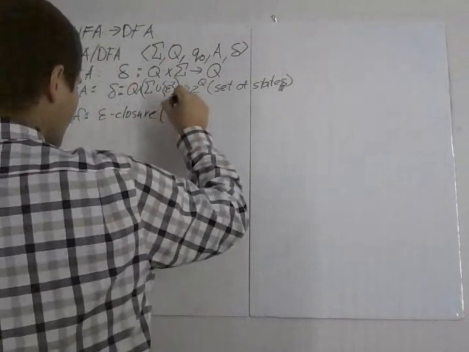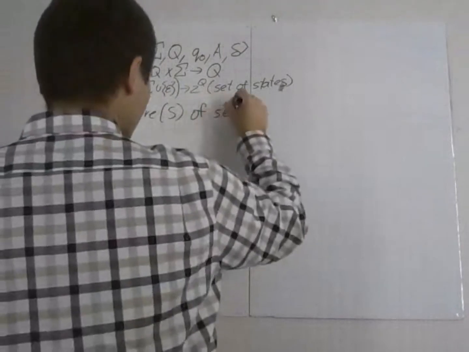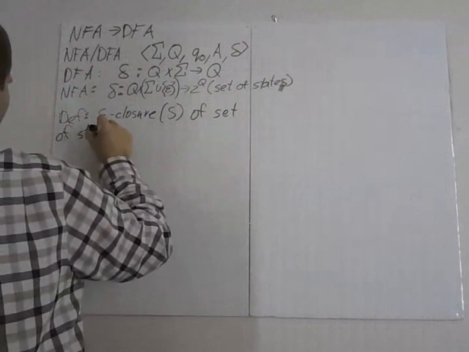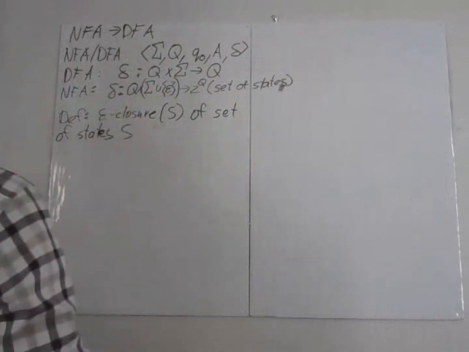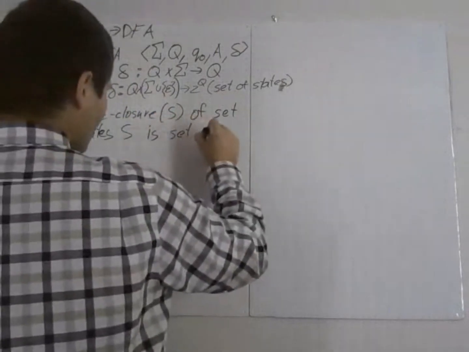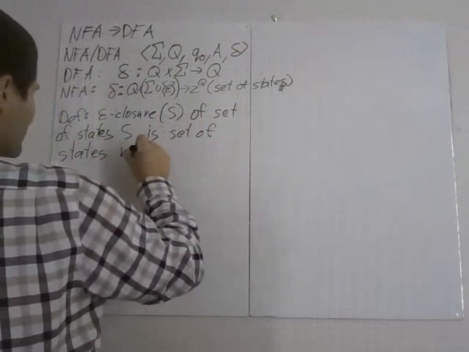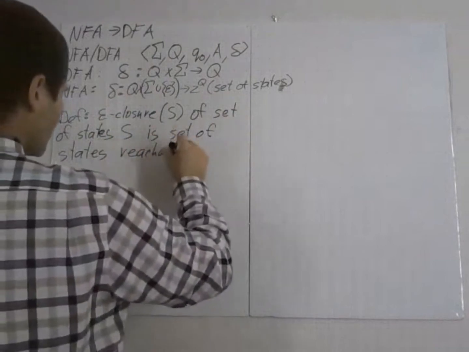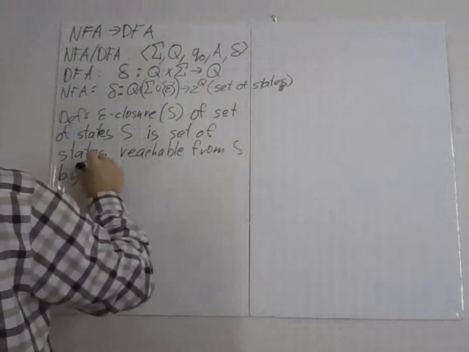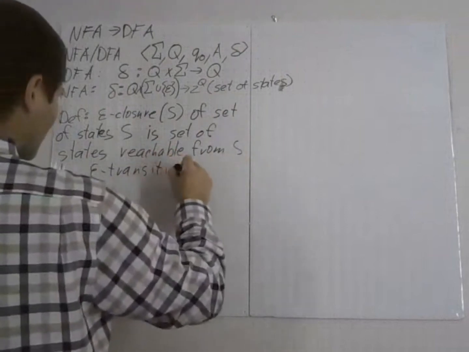So I'm going to say the epsilon closure of S, a set of states S, is the set of states reachable from S by epsilon transitions.